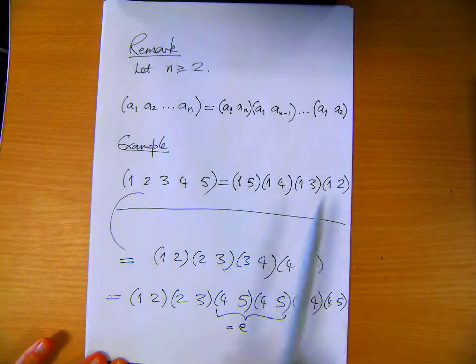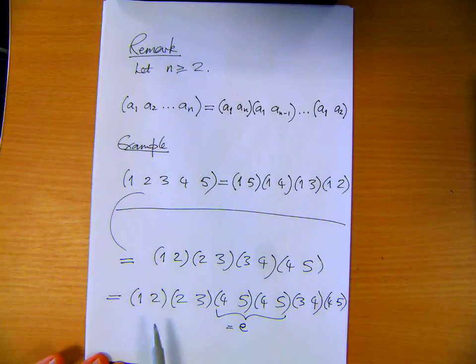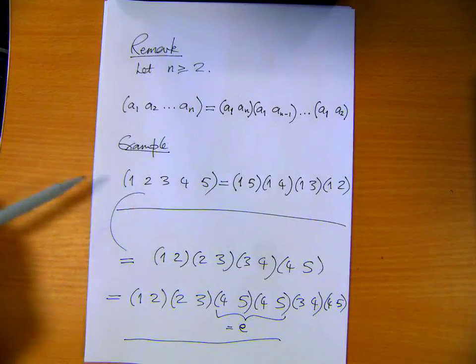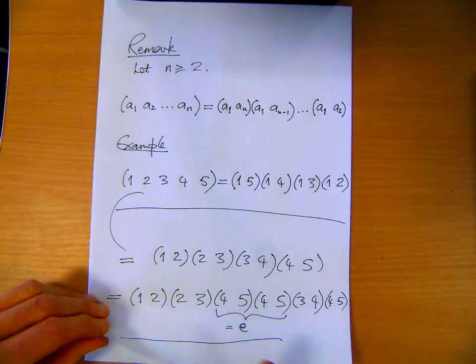Both of these had 4 transpositions, but that number 4 is not significant because here's one with 6. Okay? So every cycle can be written as a product of transpositions, but not in a unique way. But the point is that every cycle can be written as a product of transpositions.